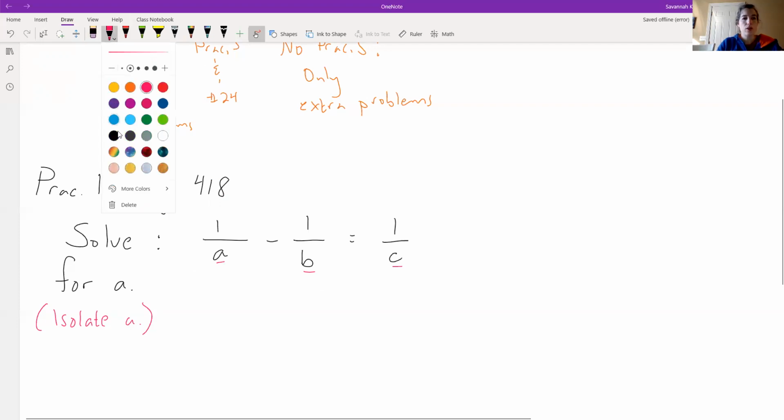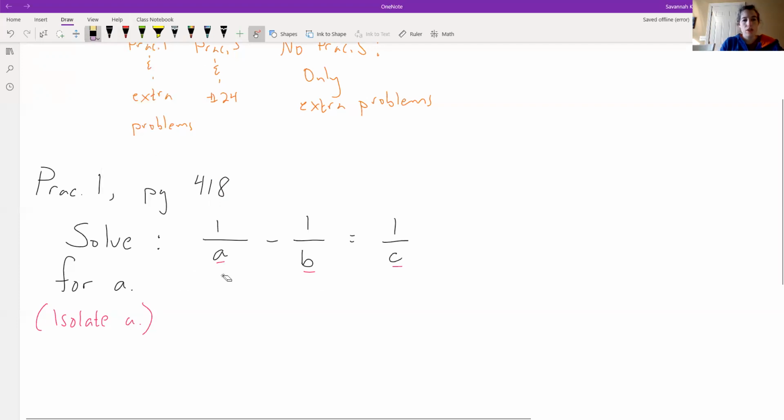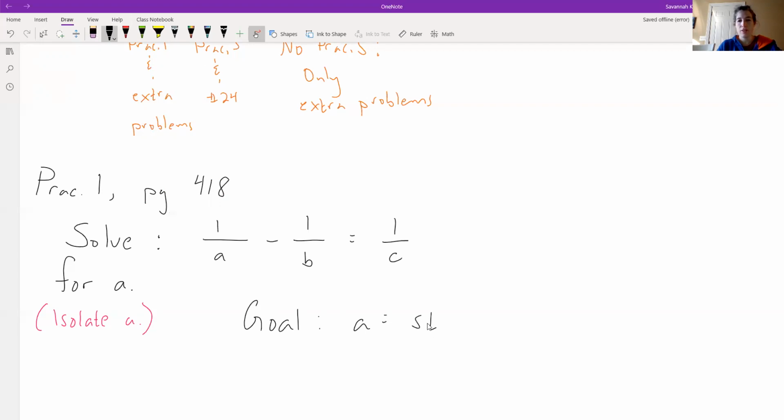But what we can do is rearrange so that we get the equation in a better form, so that we get a equals and then stuff. Basically everything else. That's our goal in the problem.